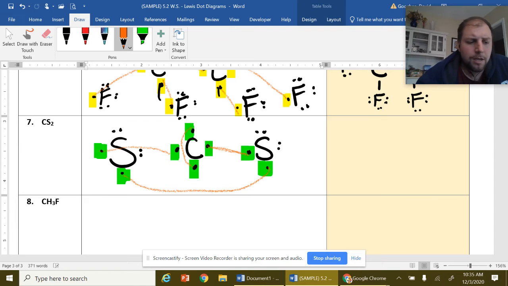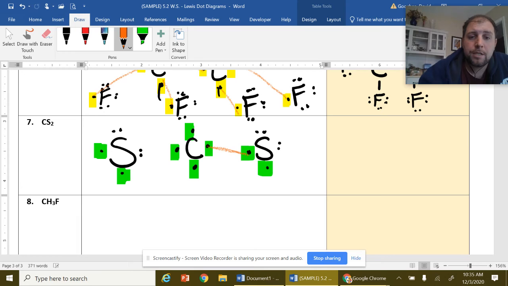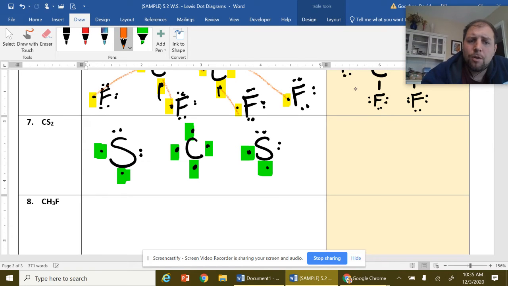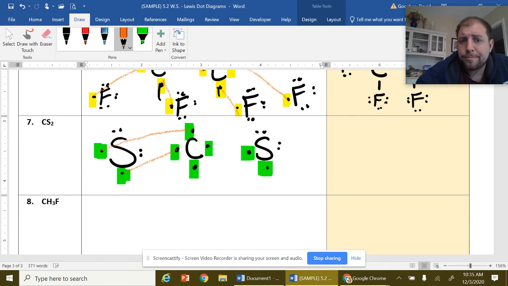You cannot connect 2 electrons on the same atom. All right, so let's erase this. How about this? I'm going to connect this sulfur twice to that carbon, and I'm going to connect this sulfur twice on the other side. You can do that. You can connect 2 atoms more than once.